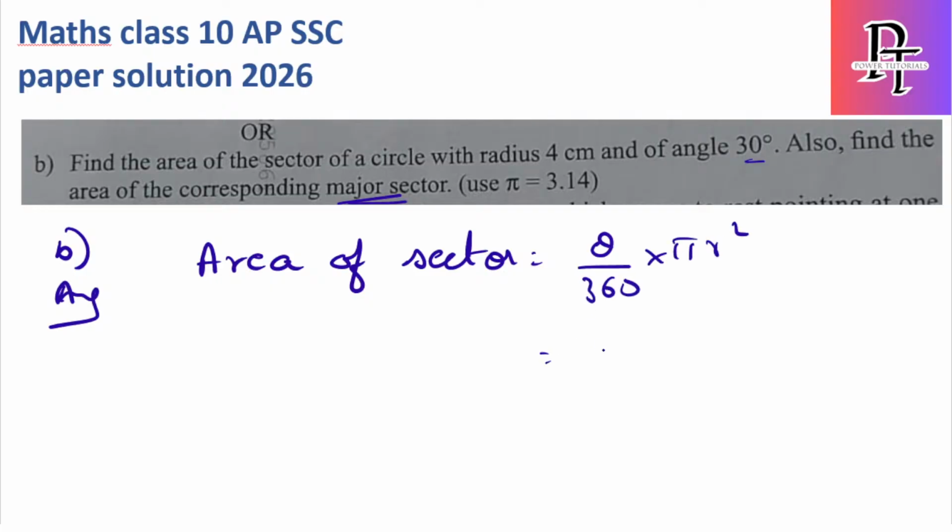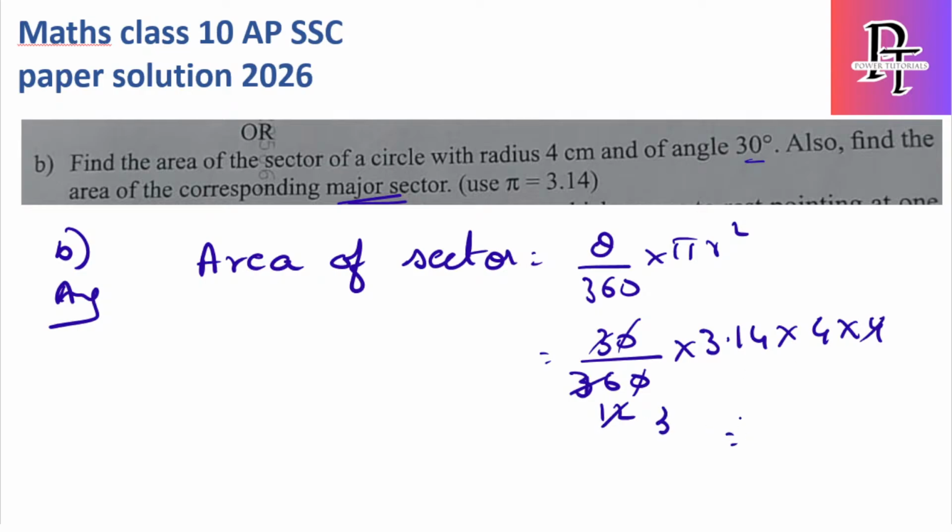Let's substitute the values. Theta is 30 here, so 30 by 360. Pi, they have mentioned here we have to use the same value, which is 3.14. Radius they have mentioned 4, so 4 into 4. 3 ones are 3, 3 12s are 36, 4 ones are 4, 4 3s are 12.